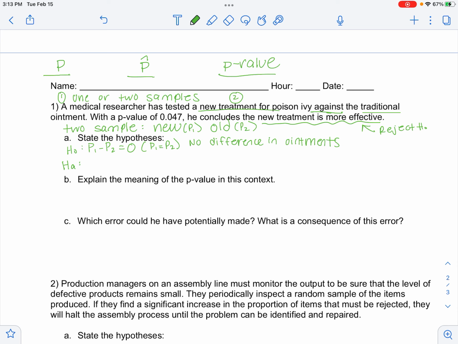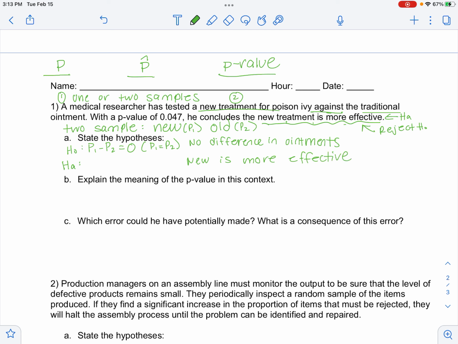If you reject the null, that means you have convincing evidence for the alternative. So you can kind of say that the alternative is true. So this statement right here is the alternative. The alternative is that the new treatment is more effective. So I'm going to write that here. New is more effective.